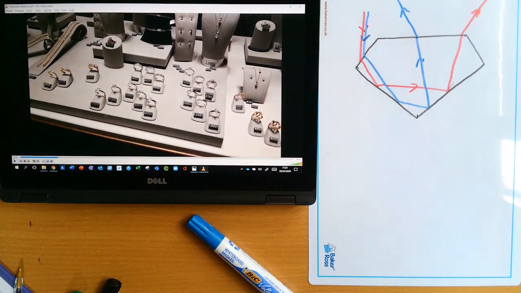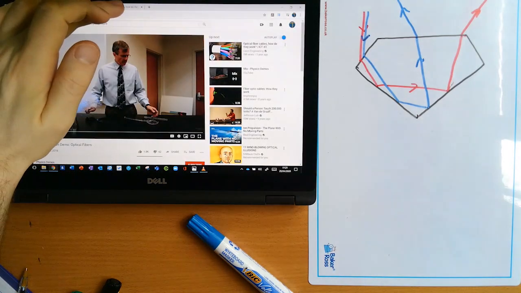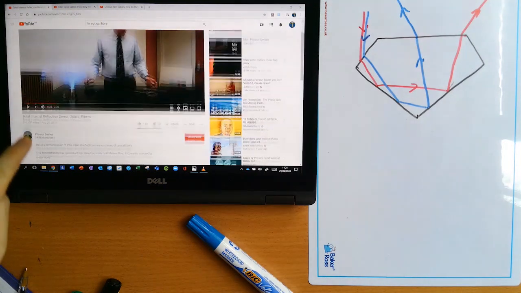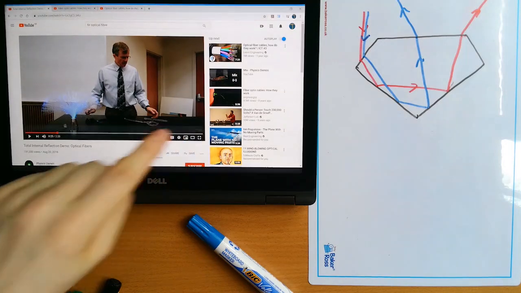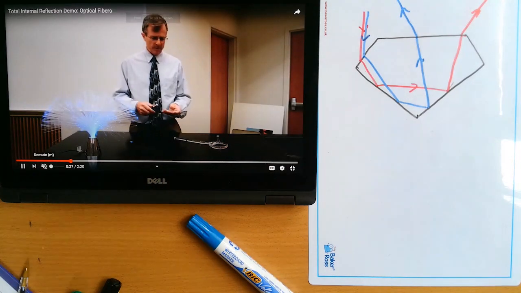Whereas what an optical fibre does, it is designed to keep the light in. So if I jump to a video here, courtesy of Physics Demo's YouTube channel, if I have a little look at this, the principle. Let me just pause that.